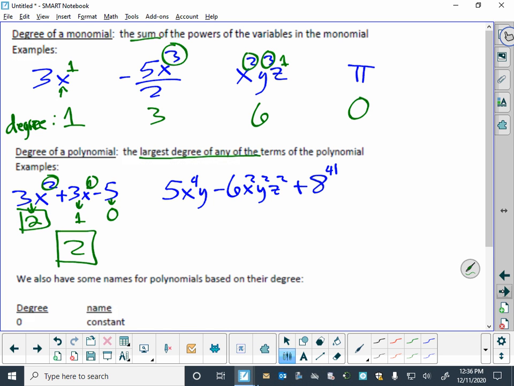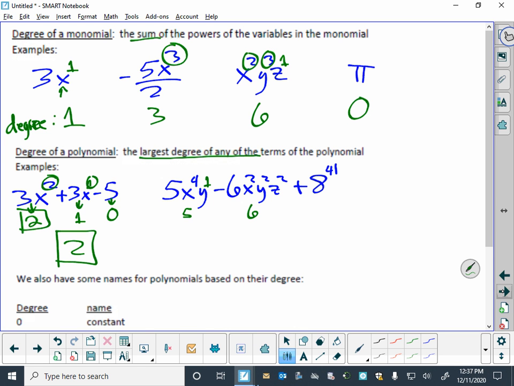This one, I've got an x to the 4th, which is a 4, and this is a 1, so this term has degree 5. 2 plus 2 plus 2, right, this has degree 6. This I put in here on purpose because people will try to trick you.